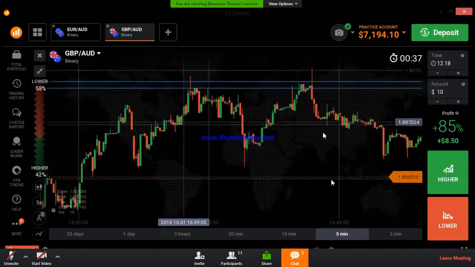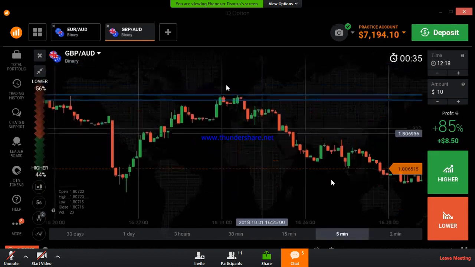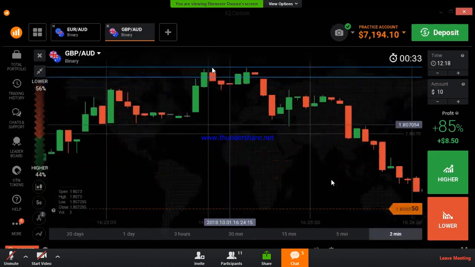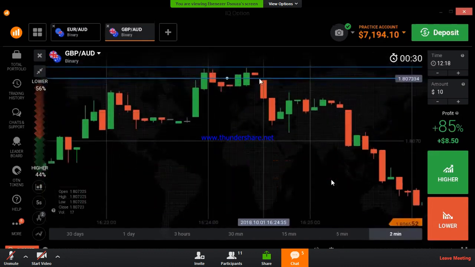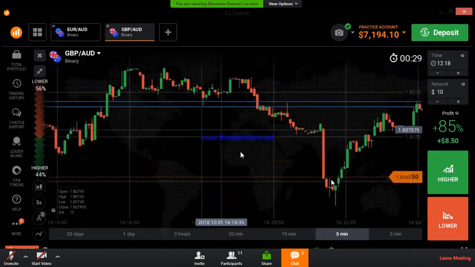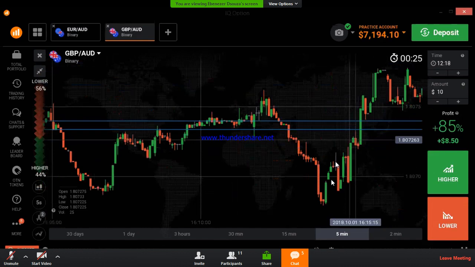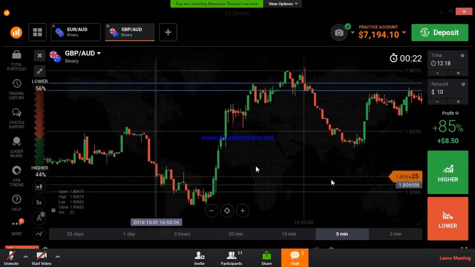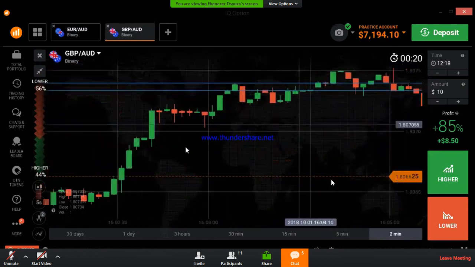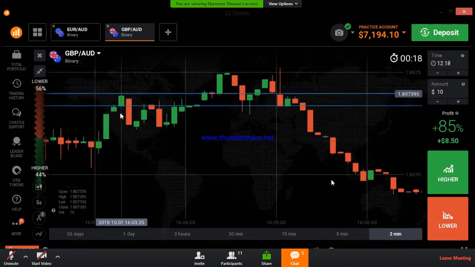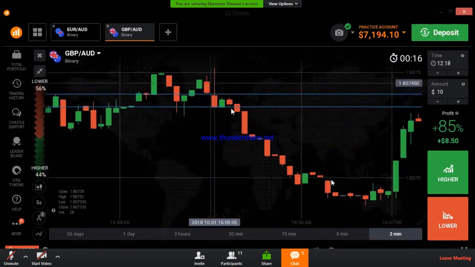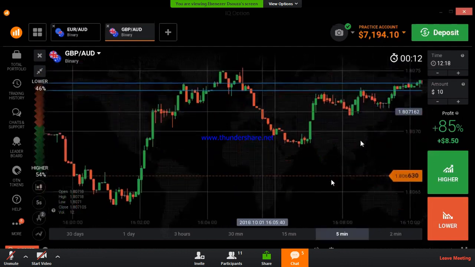This is a very small sellers' entry, but you can take this as a confirmation. Here there is no sellers' entry, it breaks this level. There are some sellers' entry here, but still there are some buyers. You can see so many sellers' entries here, 1 2 3 4 5. So you can trade here.